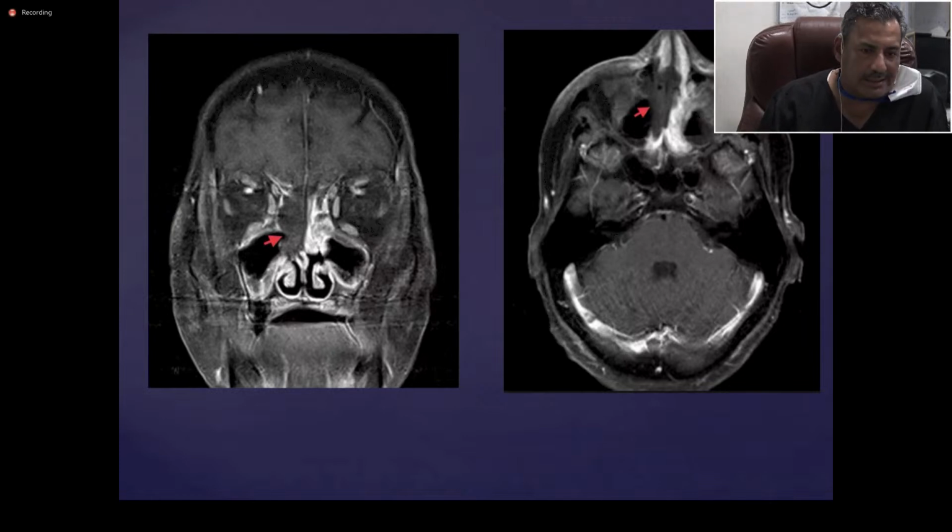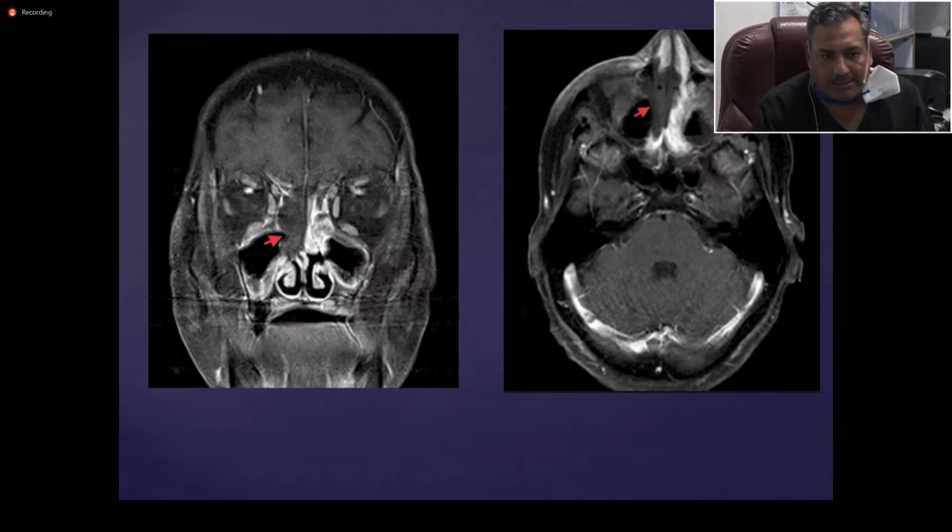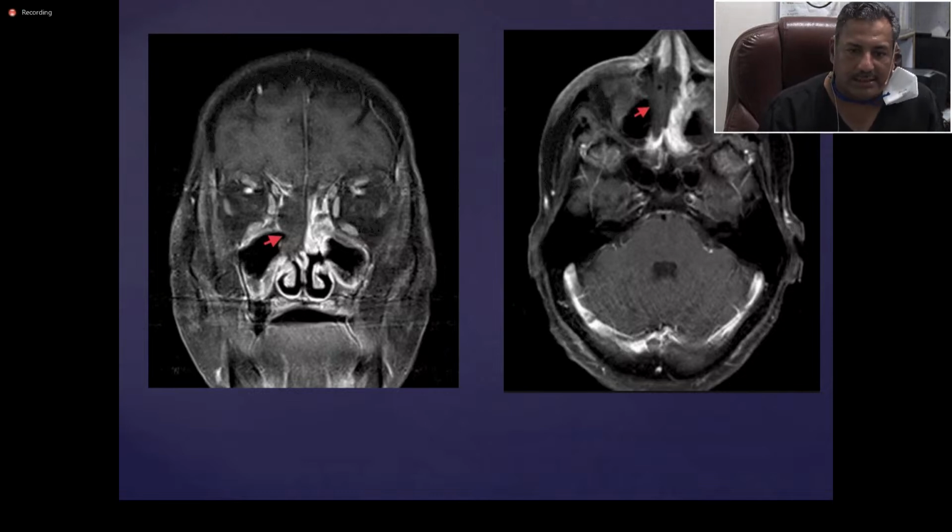Once you do a contrast MRI, when you give gadolinium as a contrast, those areas which are enhancing, where the gadolinium is reaching, your amphotericin is likely to reach, and it is going to give cure. But those areas where gadolinium is not reaching, which are not enhancing on contrast, your amphotericin is likewise not likely to reach there. And those are the areas which need to be extensively debrided.